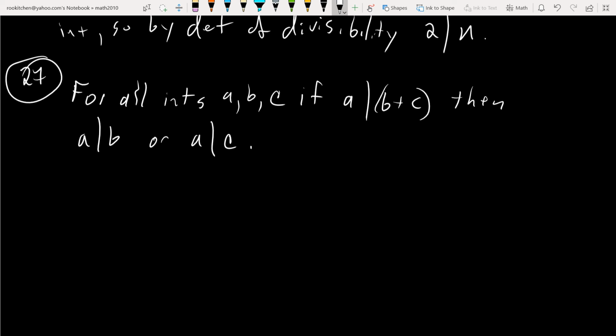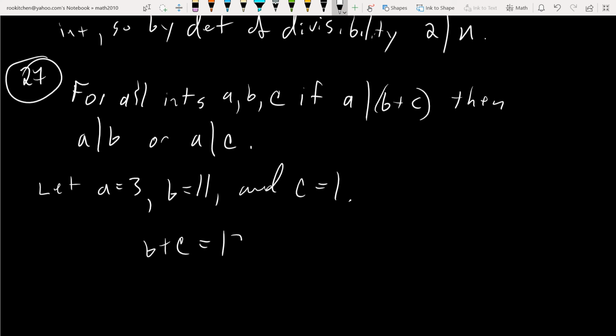Anyways, we want to do number 27. 27 is a little weird because it's not true, right? And you kind of inspect it. In the book, they'll say, is it true or is it false? If it's false, you've got to give a counterexample. So an easy counterexample: let a equal 3, b equal 11, and c equal 1. In that case, b plus c is equal to 12.